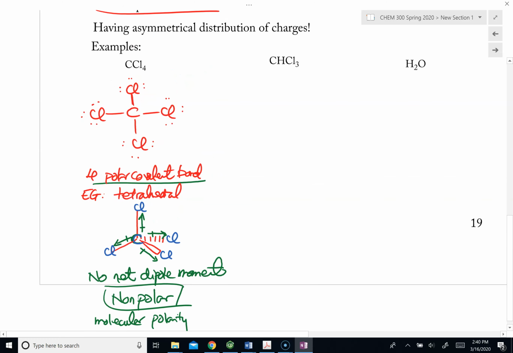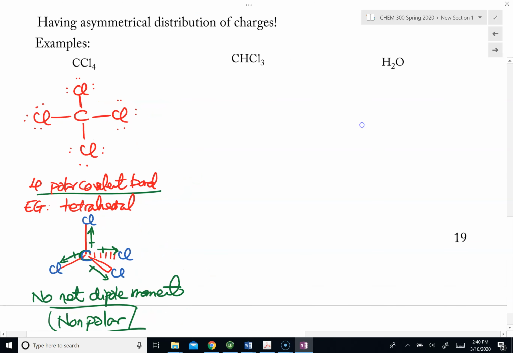Let's now try another example: CHCl3. The Lewis structure of this molecule is as follows. And again, we have to draw out the 3D structure of this molecule.